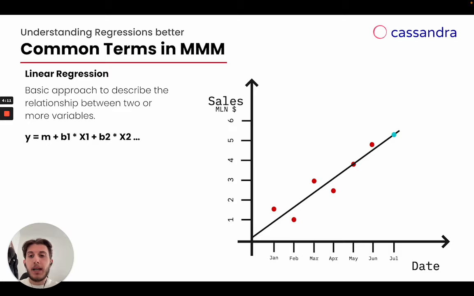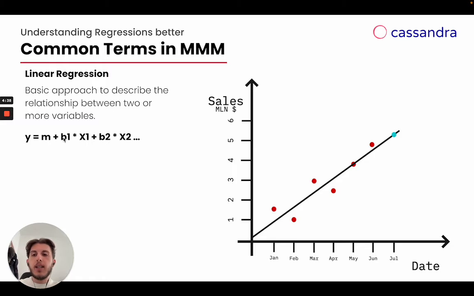Once you start adding more variables to describe your sales, such as your Facebook expense, your Google expense, maybe organic sessions, then product prices, and so on, you add more variables into the linear regression. Every x, x1, x2, and so on, represents one variable that you add to the model.